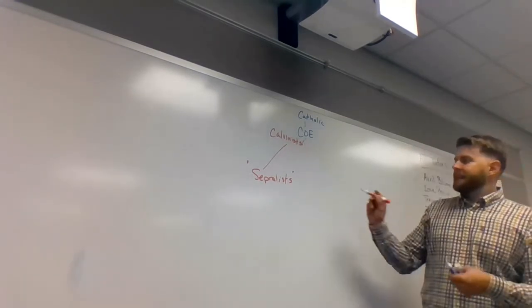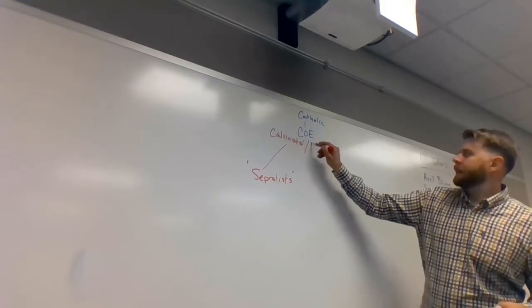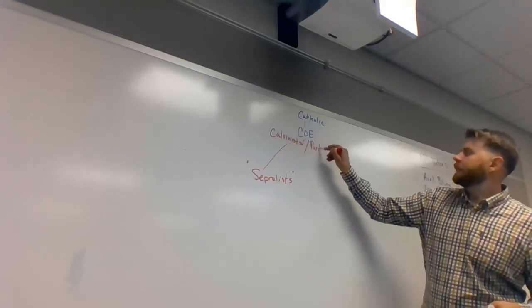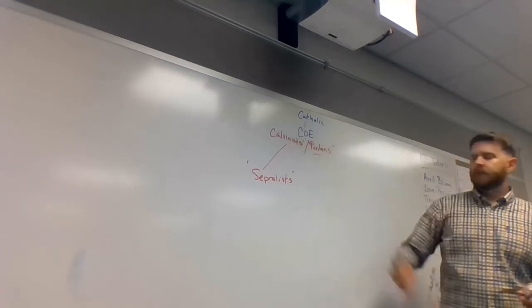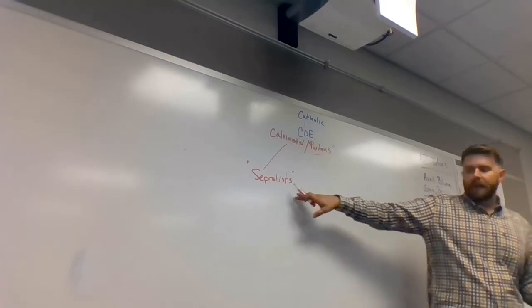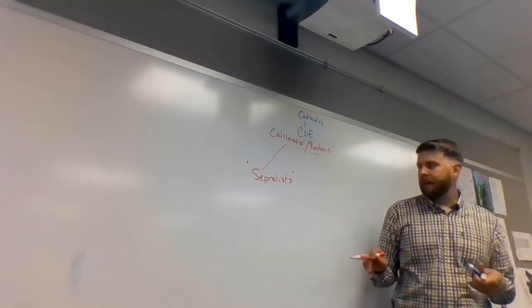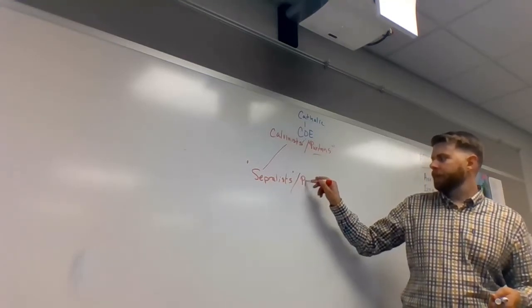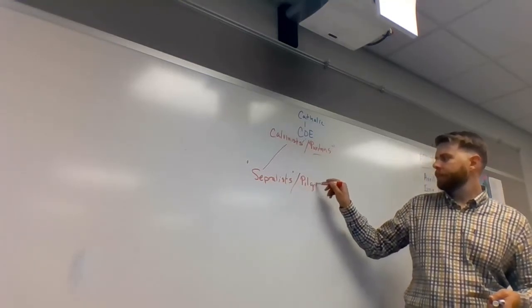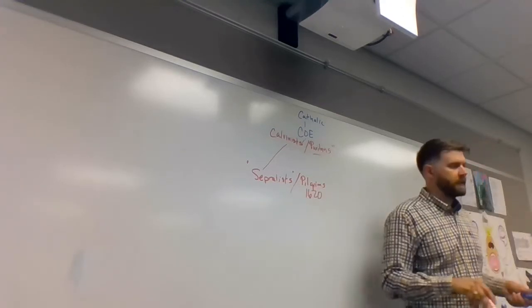So keep in mind, these separatists, or the Calvinists, also become known as Puritans, right? Because they wanted to purify the Church of England. Those separatists, those Puritan separatists, they get sent off to Holland, and eventually they will become the Pilgrims that venture to the New World in 1620.